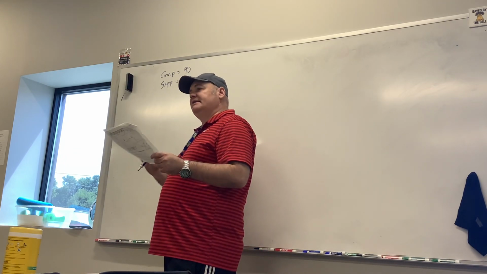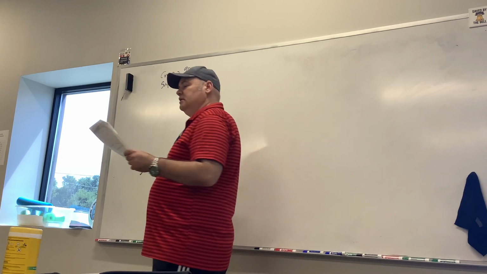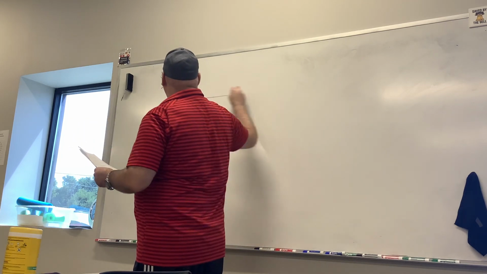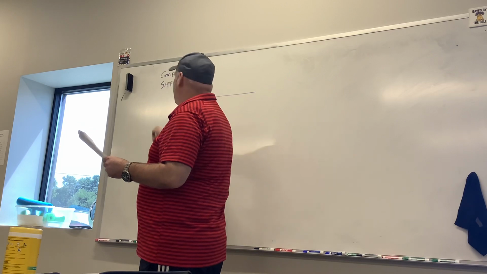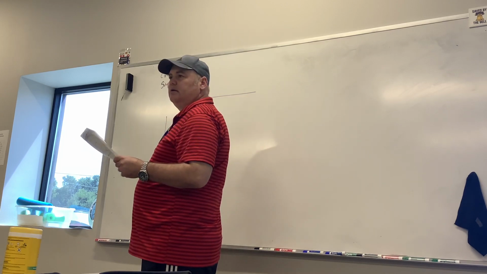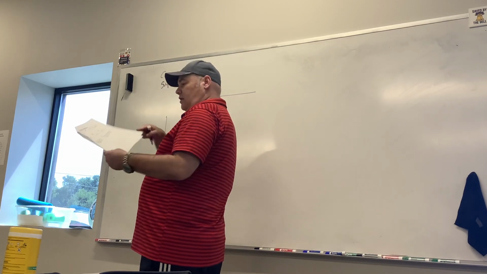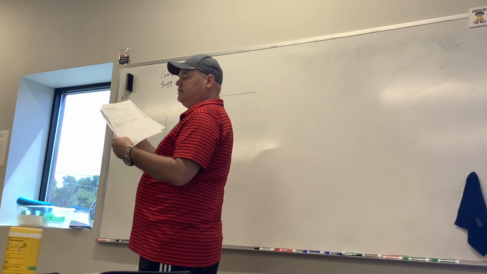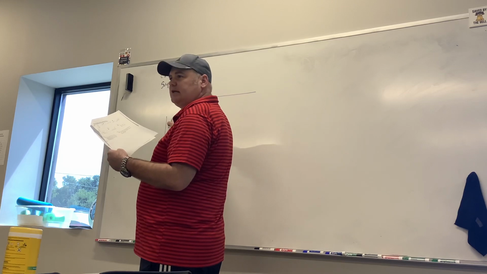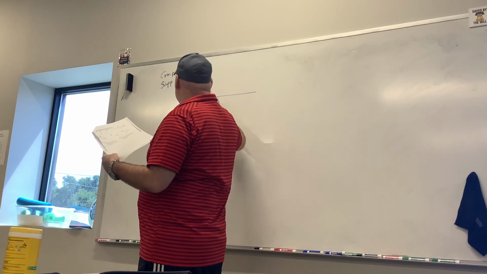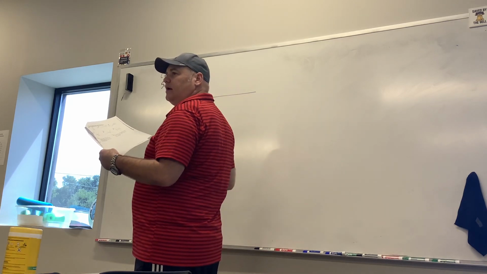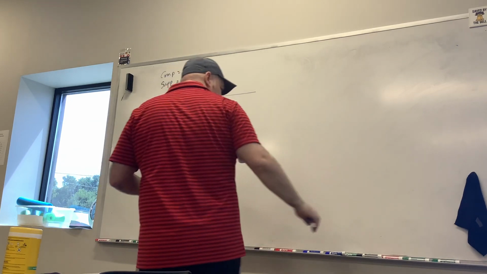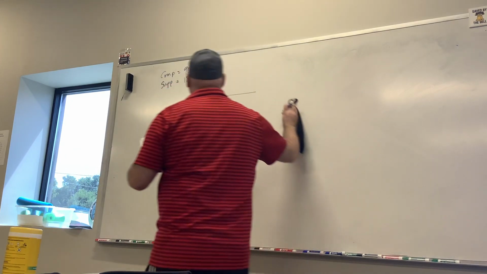Now, how we tell the difference is, supplementary is going to look like a straight line when it's done. Complementary is going to look like a 90 degree angle. So that's how you can tell on the picture. Those are pretty drastic differences. 26 looks like this, so it's complementary. 27 looks like this, so it's supplementary. So let's put 26 up there.